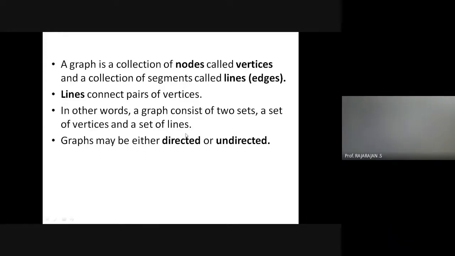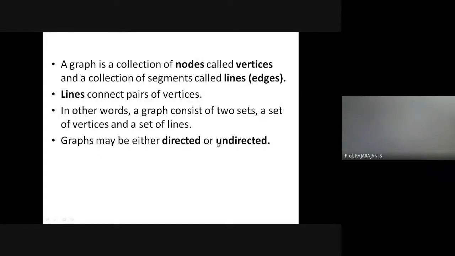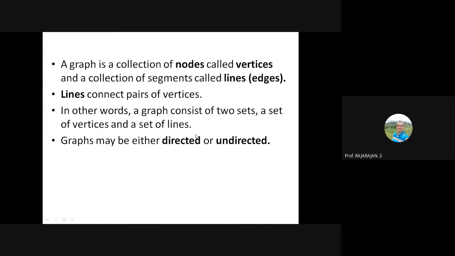So a tree is always undirected, but a graph can be either directed or undirected. We have both options available. Depending upon the implementation, a graph can be made directed, or it can be treated as undirected. We will look at examples for each type of graph.